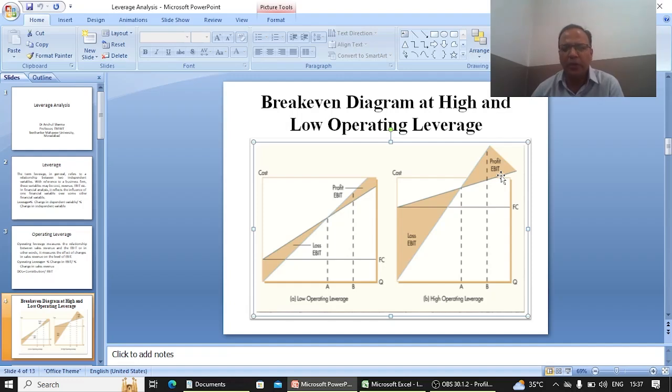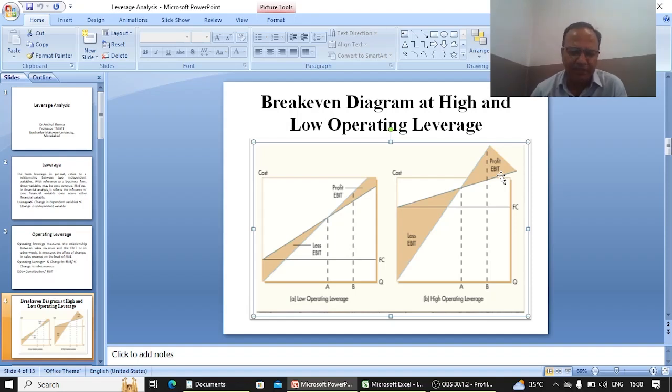So in a nutshell, if you are using more and more operating leverage, then the first tension for the organization is to recover the break-even point. But after recovering the break-even point, the margin of profit increases very sharply in case of high operating leverage.